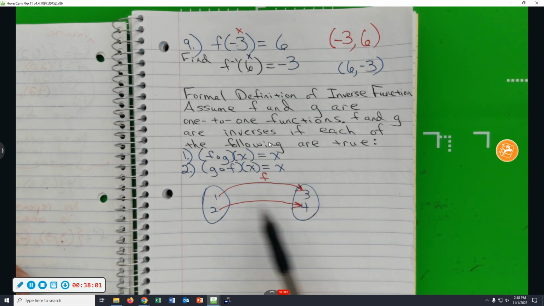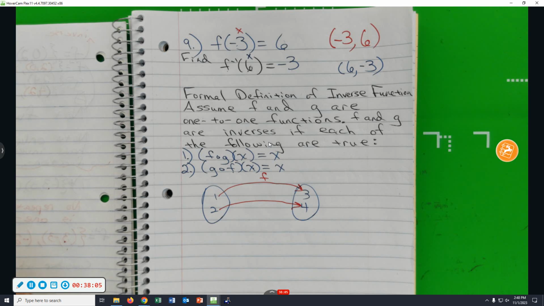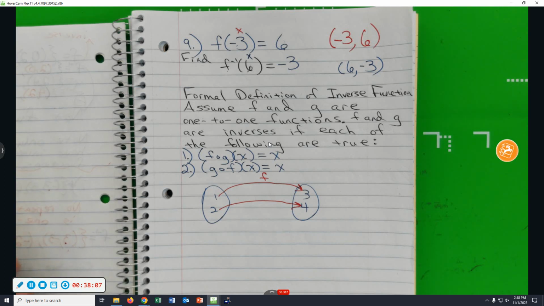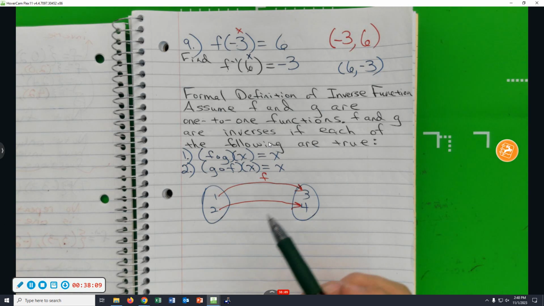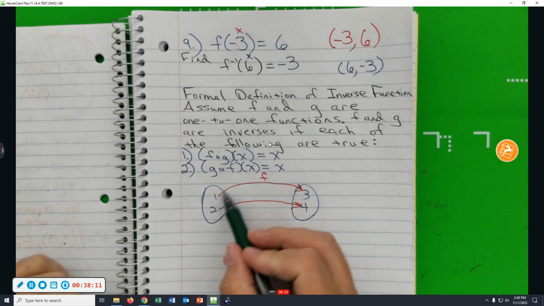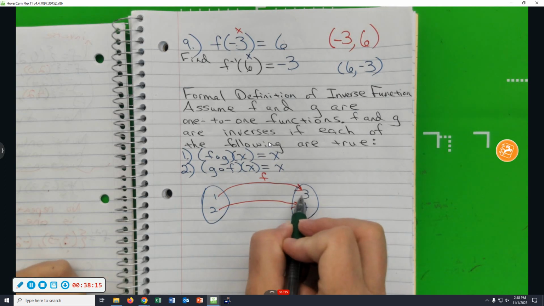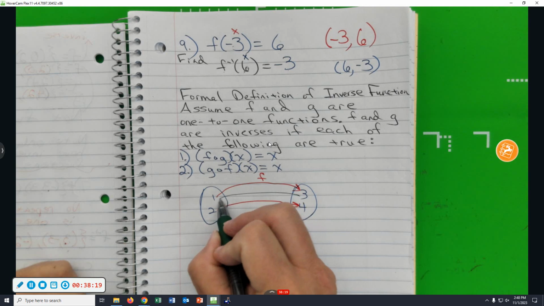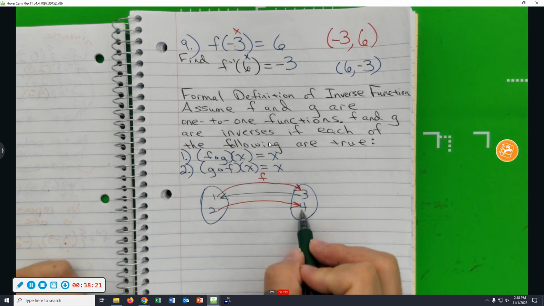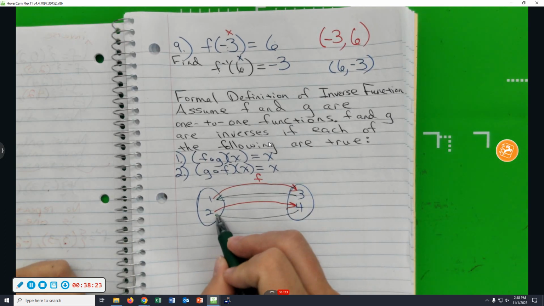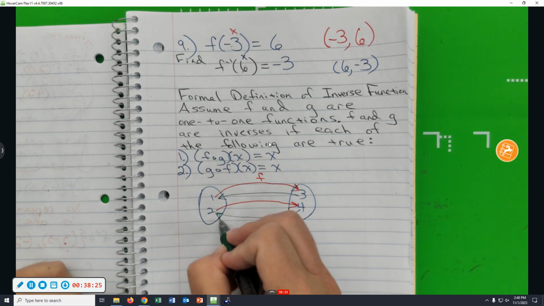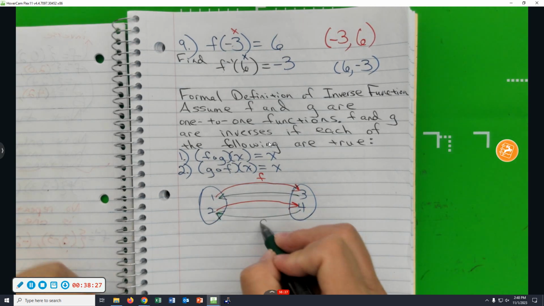So the inverse would have to be what? If we were going to form the inverse, f takes 1 to 3, so the inverse would have to take 3 back to 1, and 4 would have to go back to 2, based on our intuitive understanding of inverses.